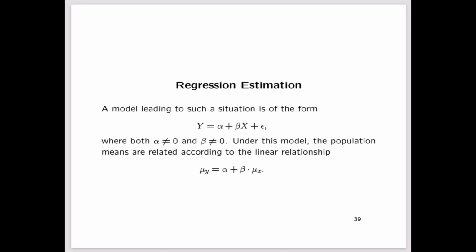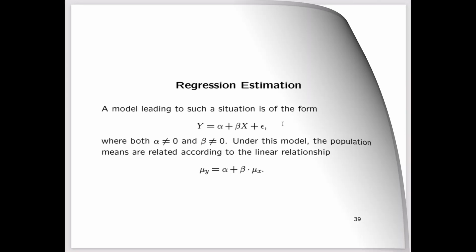Under this model, the population means are related according to the linear relationship mu sub y equal to alpha plus beta times mu sub x, where the y-intercept, alpha, is non-zero, and so therefore this line does not pass through the origin. So you'll recognize this statistical model as the model for the simple linear regression line.